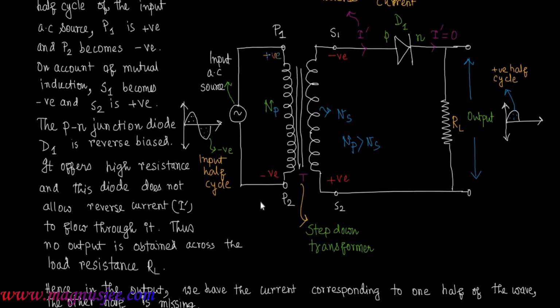That means this cycle is blocked by the reverse biased PN junction diode D1, so there is no negative half cycle at the output.